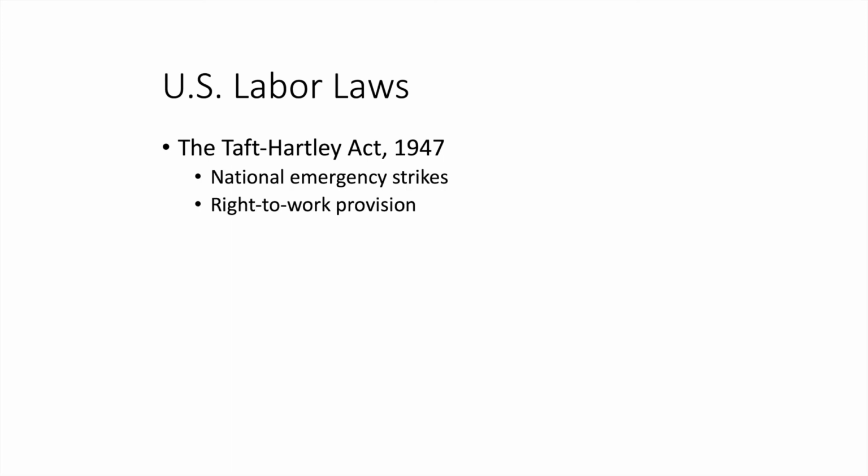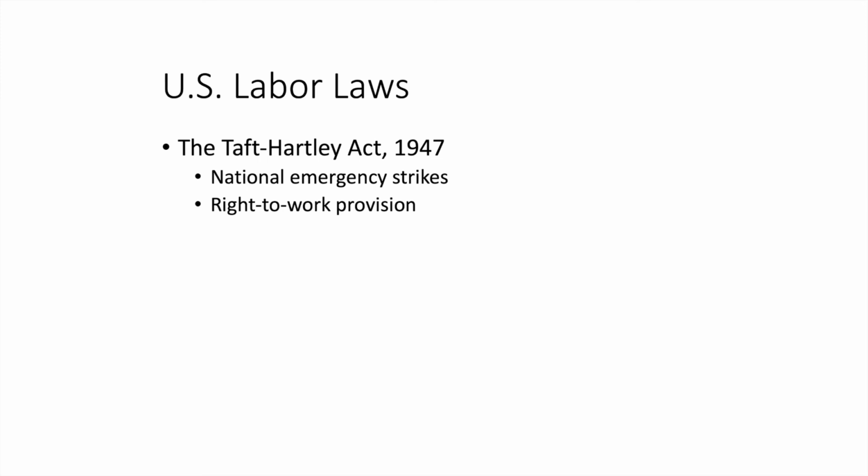Now, in 1947, the Taft-Hartley Act came about, and it deals with national emergency strikes. There are some companies that are vital, that if they go on strike, it'll affect the whole industry or could affect even more than that. So this kind of leaned towards the employer instead of the employee this time.